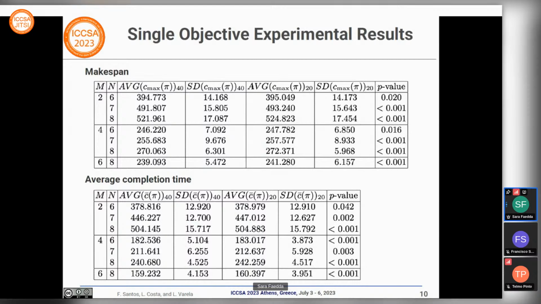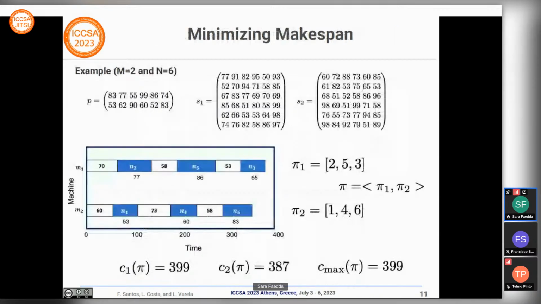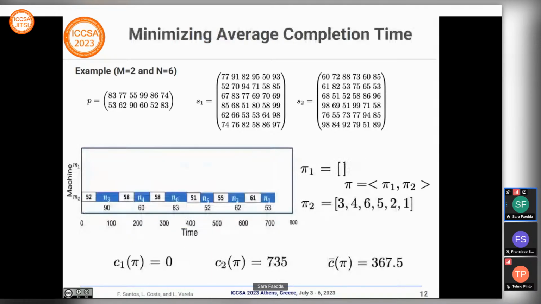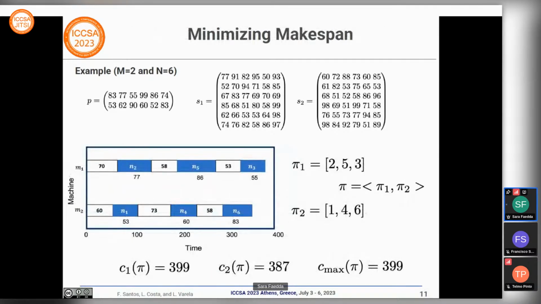The results are very similar, so I will present next an example. This is a small example with m equal to 2 and n equal to 6. Here is the data for this instance, the processing times and setup times for each machine. And this is the optimal solution for this problem.